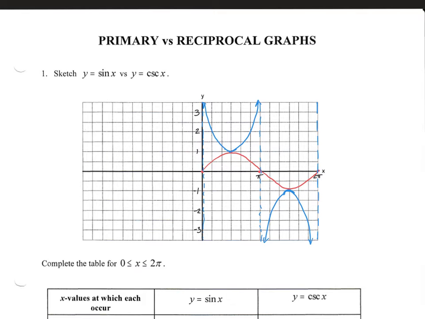What I'd like everybody to do, pause the video and build it going backwards. Now, I've given you a full grid, but what I'd like you to do is only graph going backwards to pi. Okay, pause the video, go.